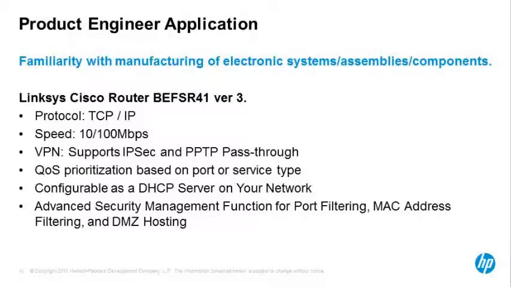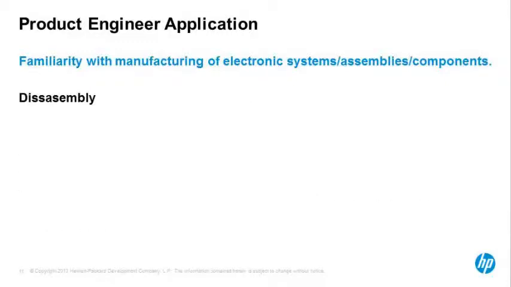It has advanced security management functions for port filtering, MAC address filtering, and DMZ hosting, which is done within the software itself. So you would have to access it through a tool and go to 192.168.1.1, which would be the gateway address.